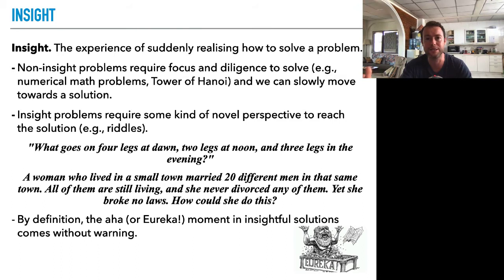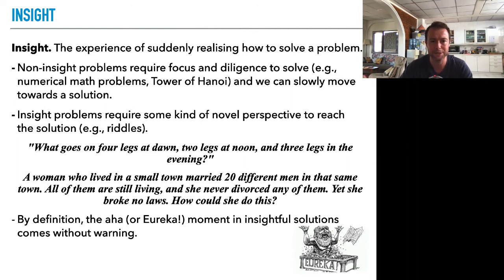He could use this to check the quality of the crown without damaging or destroying it. And that moment where you realize this solution involves this eureka moment, this degree of insight.